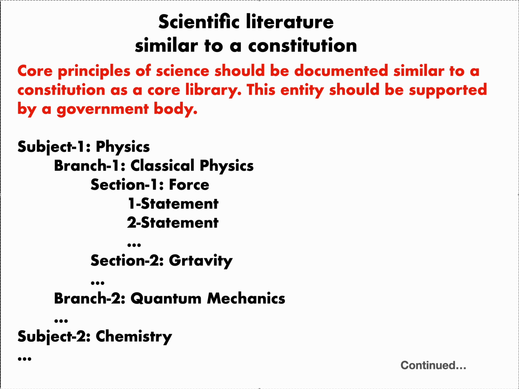Under branch 1, section 1 is force, and section 2 is gravity. Under section 1, there is a first statement of a rule that belongs to force, and then there is a second statement. This is how we need to structure the entire science into sections and subsections, and then at the end, statements of that concept.